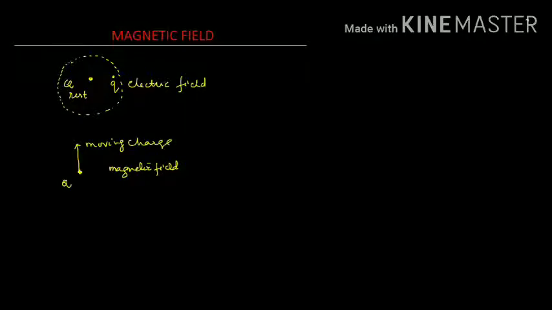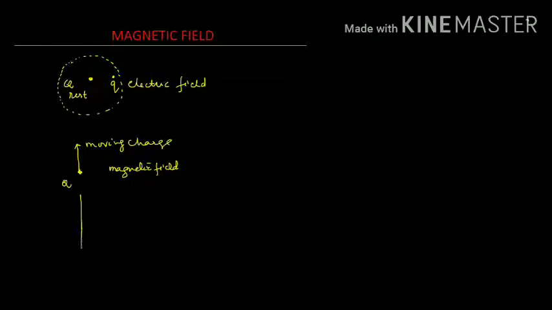Similarly, we assume that a charge Q is moving. This moving charge also produces a magnetic field. So the charge at rest produces an electric field, but the moving charge produces a magnetic field.